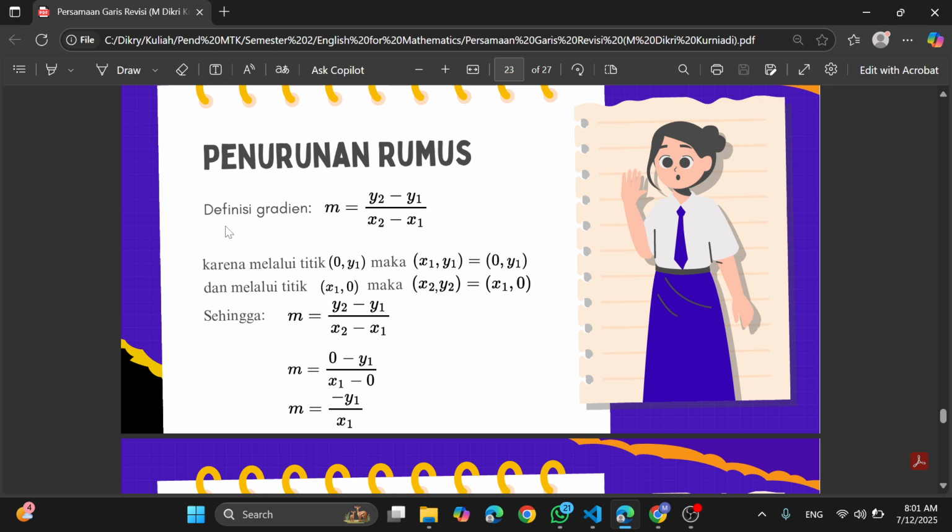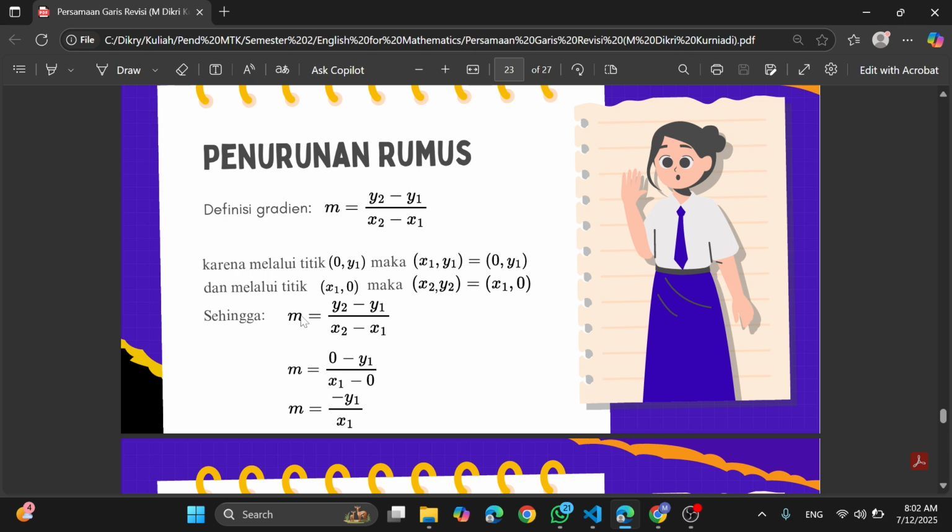To derive the formula, we can define the gradient as always. The line passes through 0, y1, so x1, y1 equal 0, y1, and through x1, 0, so x2, y2 equal x1, 0.